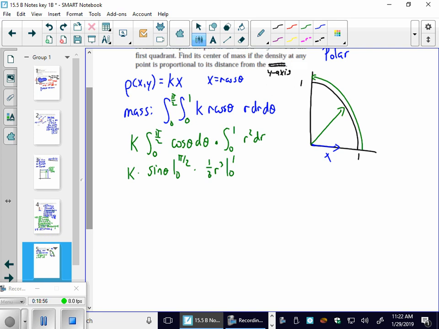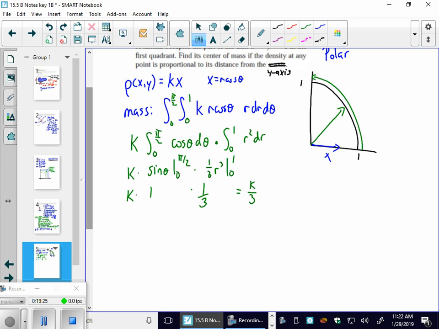Sine of pi halves is 1, sine of 0 is 0, so that's times 1, times 1/3 from the r part. So ultimately, what we get is k times 1 times 1/3, so our mass is k over 3.